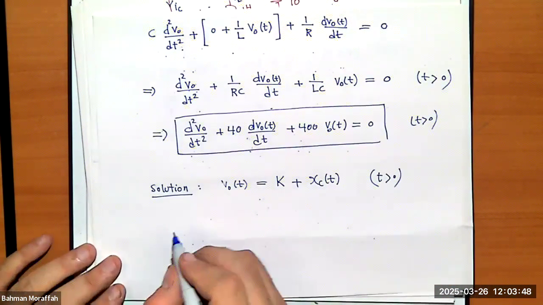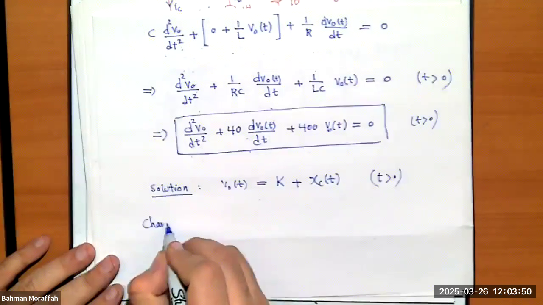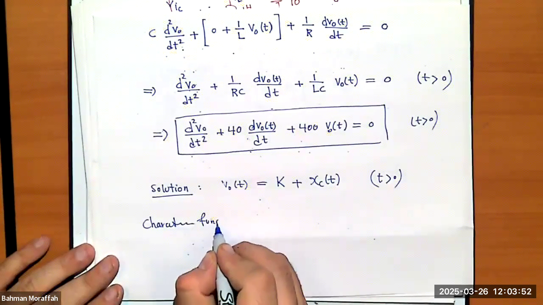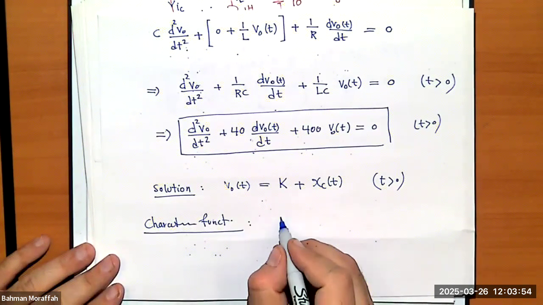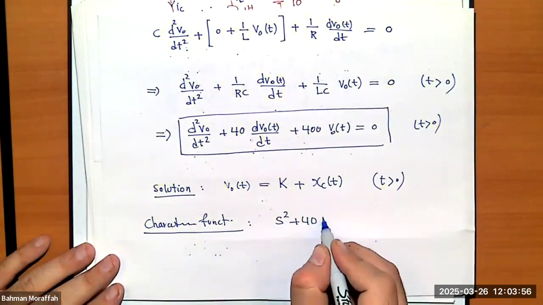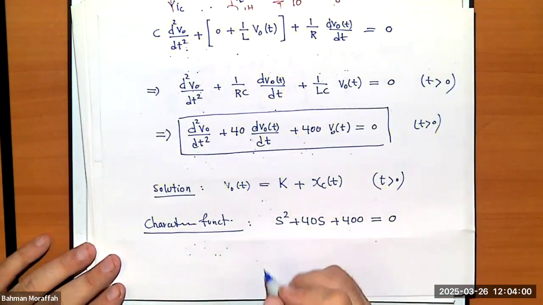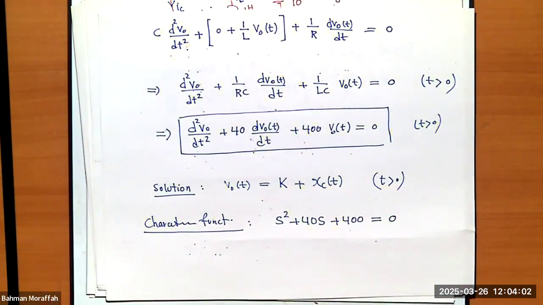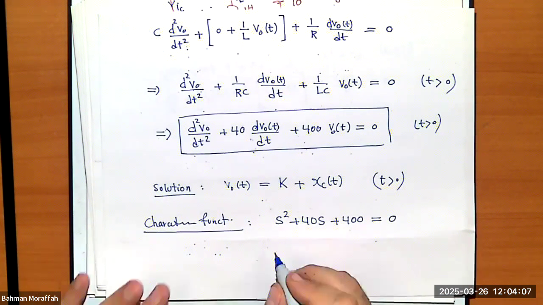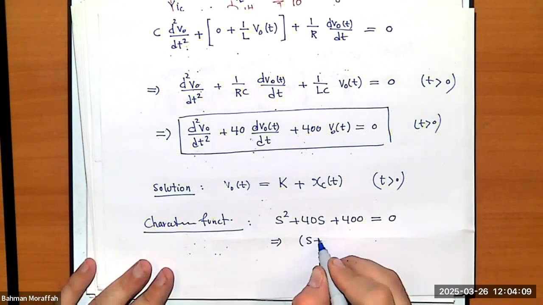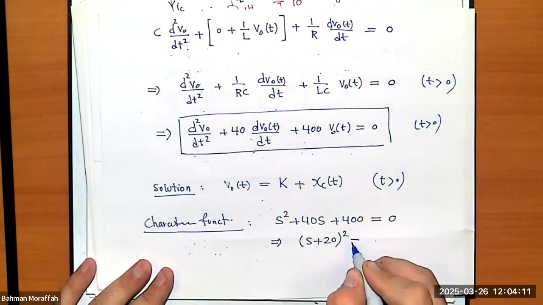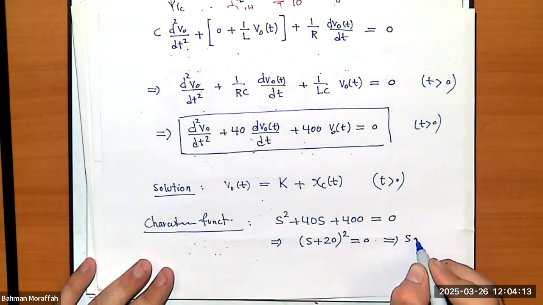To find x complementary, we need to look at the characteristic function, which is s squared plus 40 times s plus 400, and that must be 0. Right? Again, we have that identity that we just talked about. I can write this as s plus 20 to the power of 2 equals 0. Therefore, s is negative 20.